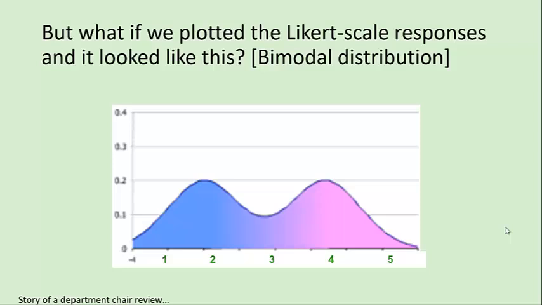It looked just like this. Basically, he got 2s, and he got 6s and 7s. Love him, hate him. There was nothing in the 3 to 4 area, right in the middle. No one felt that way about him. There were two views, obviously, from this bimodal distribution.